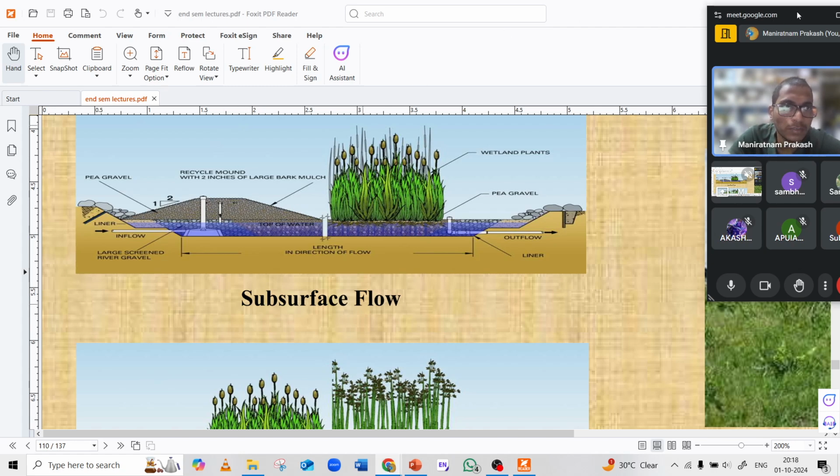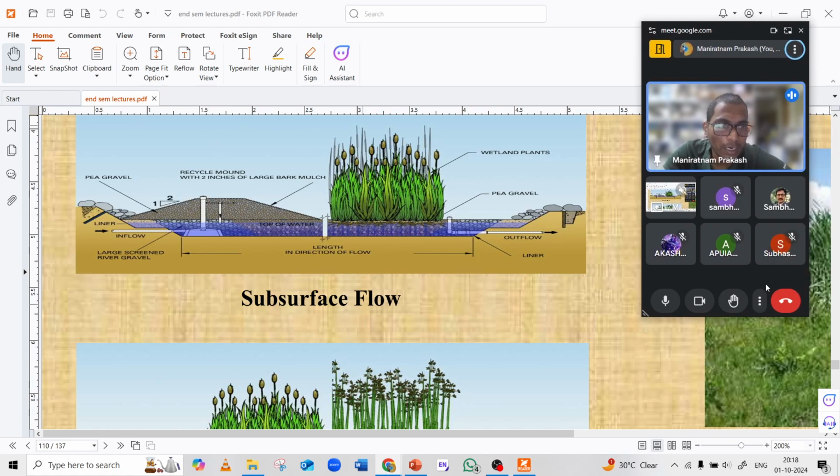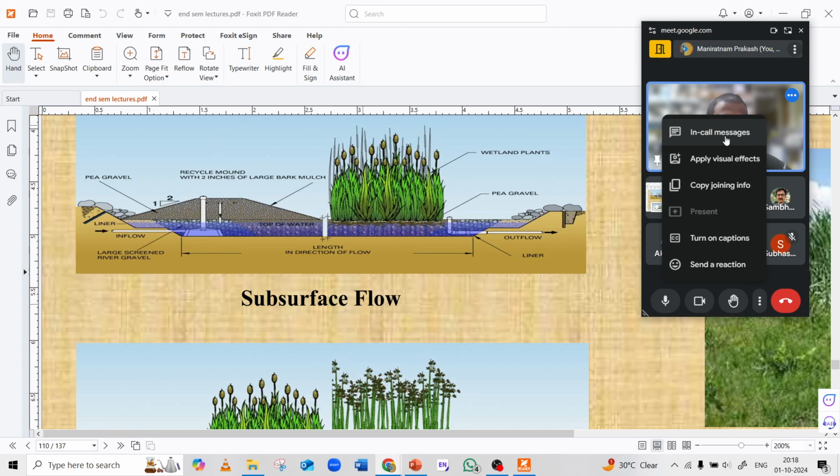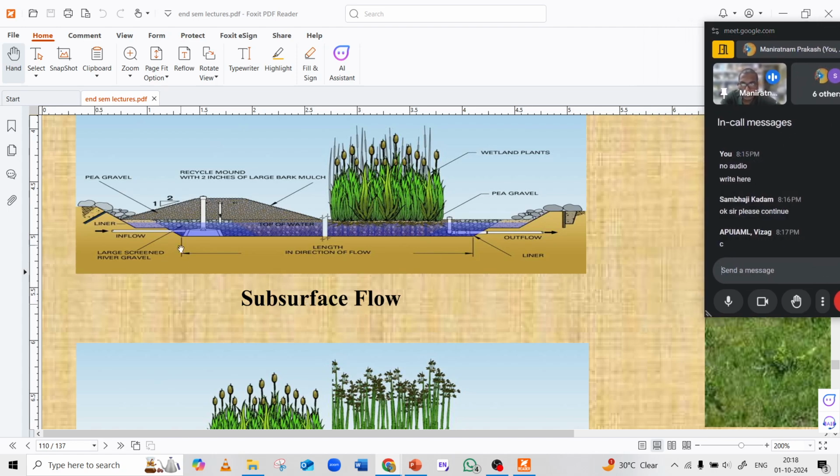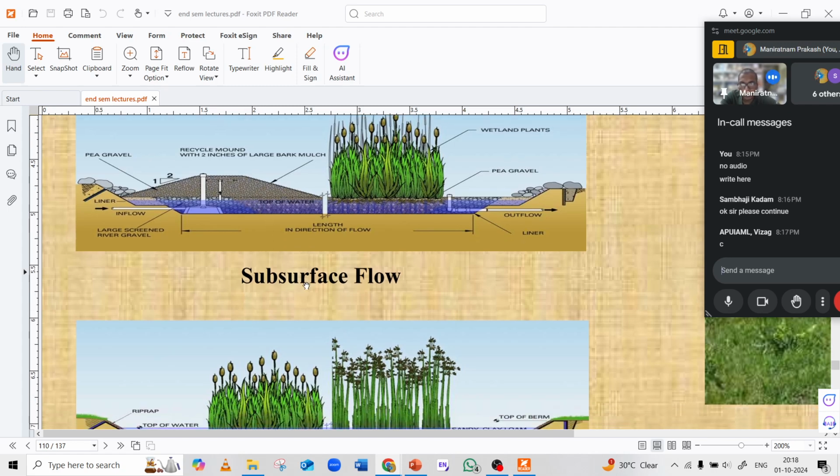Now imagine, if somehow we are not providing any kind of material and I allow my water to percolate in the system, then what will happen is that the groundwater that is there might get contaminated, and we don't want that.